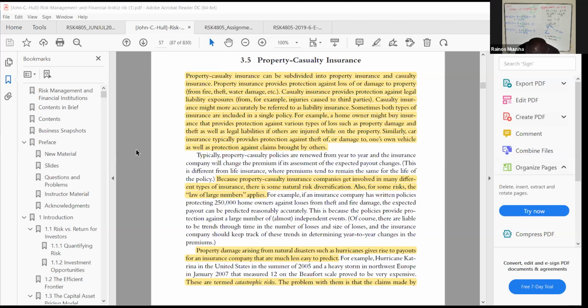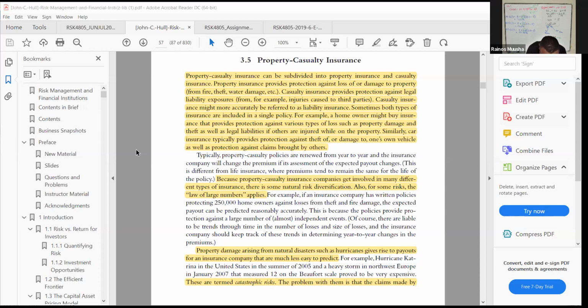For example, if an insurance company has written policies protecting 250,000 homeowners against losses from theft and fire damage, the expected payout can be predicted reasonably accurately. This is because the policies provide protection against a large number of independent events.